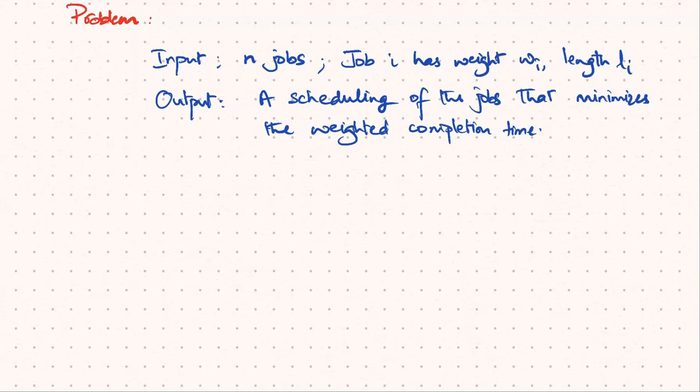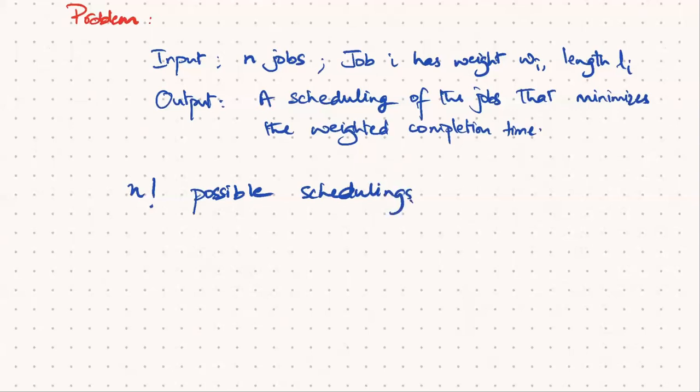So if you have n jobs, we have n factorial permutations, n factorial possible schedulings.